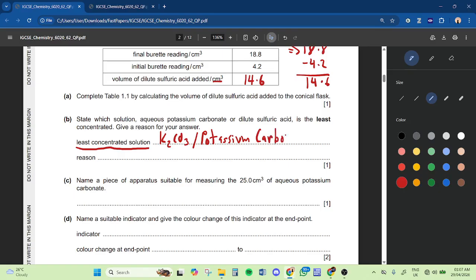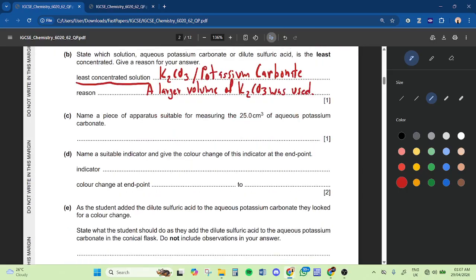And as for the reasoning, as we've explained before, it's nothing too difficult, nothing too complicated. You're just going to write that a larger volume of K2CO3 was used. And that's it. Very simple, 1 mark, no need to complicate anything.